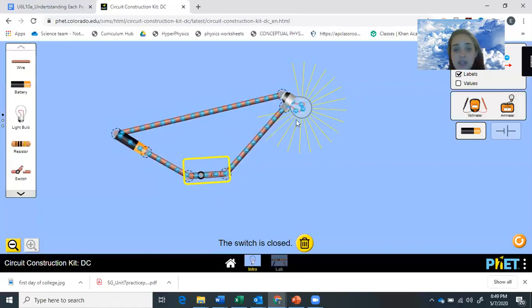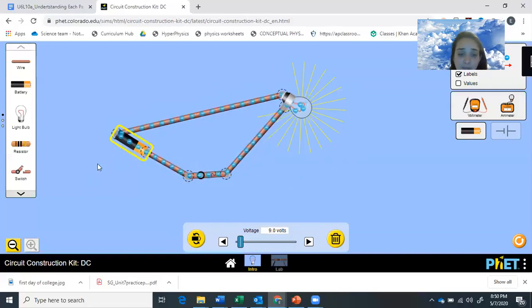And so let's take a look at what the different components of the circuit are and what's actually happening. So we have the wires here, they're the pathway that allows for electrons to flow. Right? So if the wires weren't there, then it wouldn't be possible for the electrons to go through our circuit. The battery here is providing energy for the electrons or the charges to move around in the circuit.